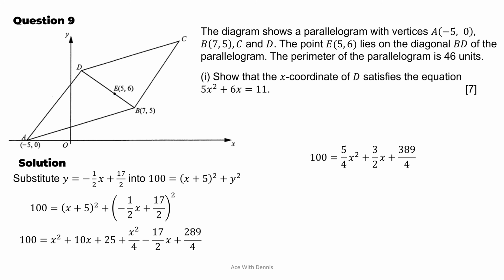We get 100 = 5/4 x squared + 3/2 x + 389/4. Right, the next step, it becomes 11/4 = 5/4 x squared + 3/2 x. Then we multiply by 4 on both sides, we get 11 = 5x squared + 6x. And it is the same equation that we need to prove, hence shown.